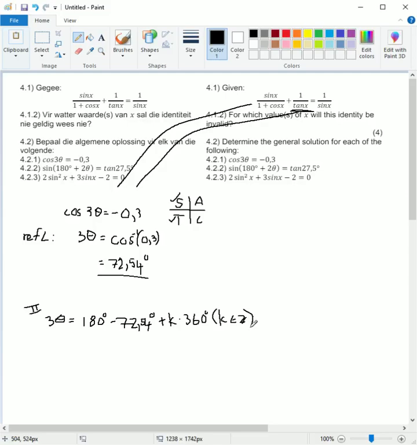Great. So let's put all of that into our calculator: 180 minus 72,54, and the calculator says 107,46.